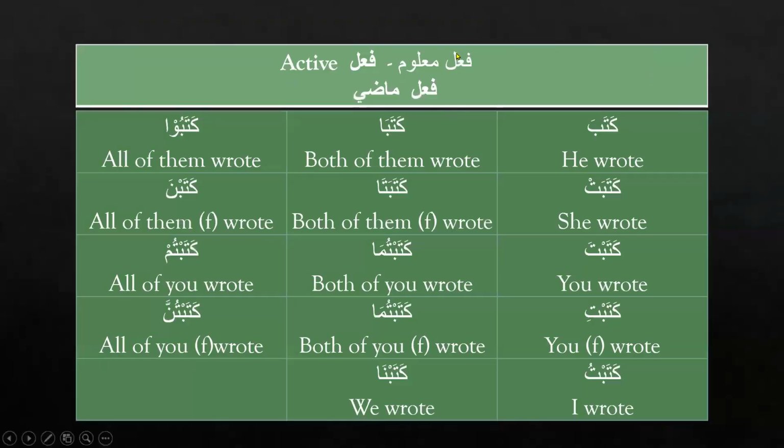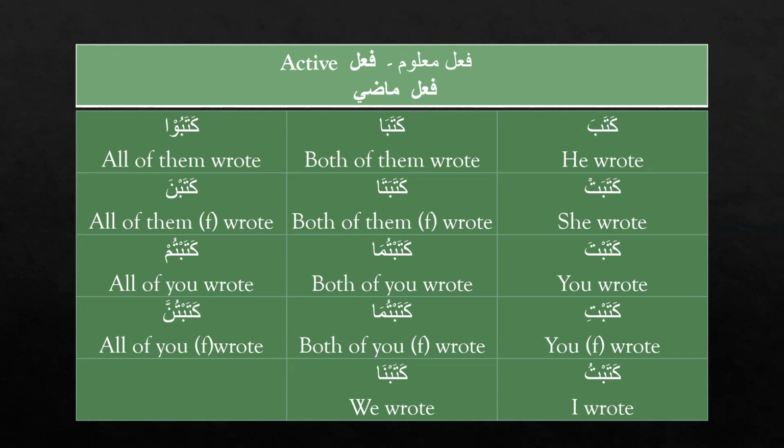And again, as I mentioned, we learn about the Fa'il Ma'loom and Fa'il Majhool. You remember this. One more thing: all that we are doing is the Fa'il Ma'loom. The first part of a Sarf Saghir chart is Fa'il Madi, and that is a Fa'il Ma'loom, because here the doer is known.